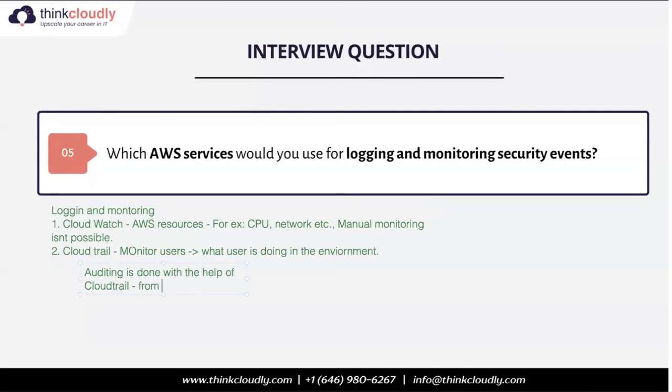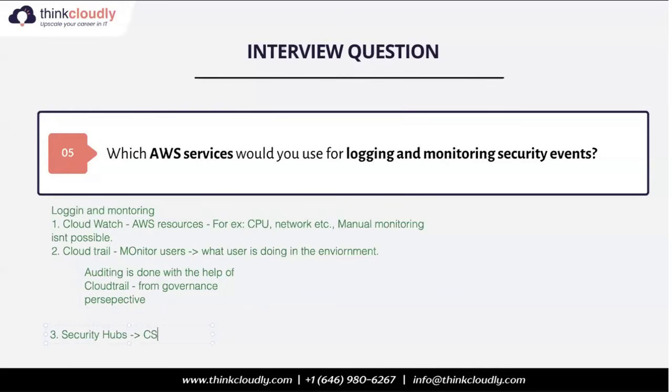in my environment. And specifically talking about security events, while CloudWatch and CloudTrail generally contribute for all the resources that are there, for security events we have something called Security Hub, which is very, very important. Security Hub is a cloud security posture management tool, so we call it CSPM, Cloud Security Posture Management.